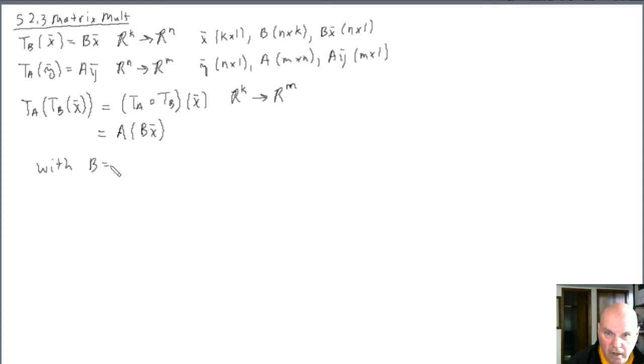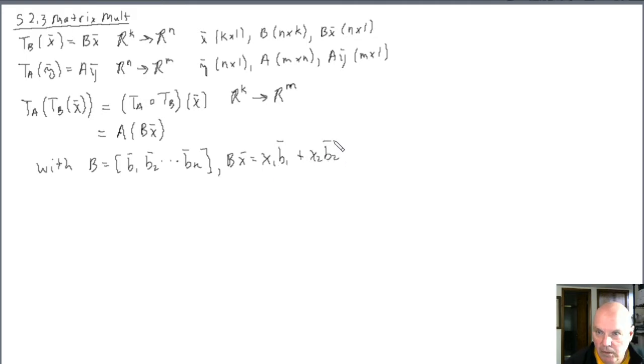With B written in column vector form, b1, b2, through bk, then we know that Bx can be represented as x1 b1 plus x2 b2 plus dot dot dot plus xk bk. This was one of the forms we had for representing a matrix vector multiplication from last time.